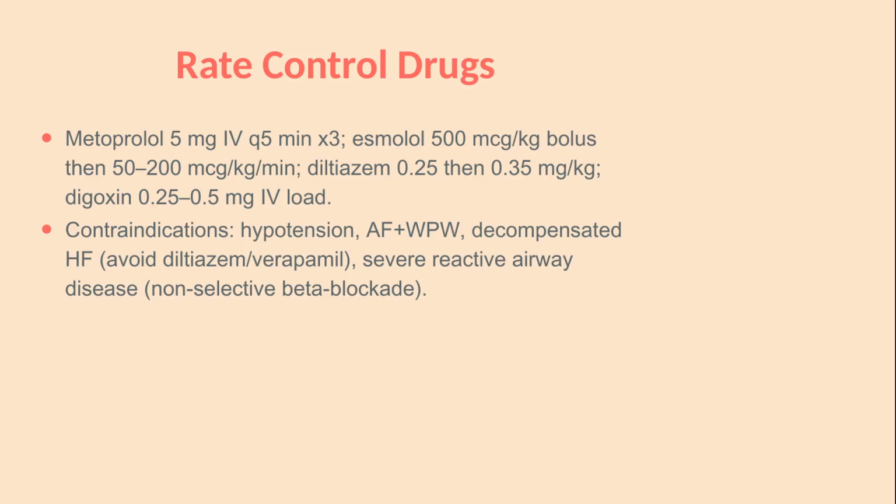Diltiazem, 0.25 milligrams per kilogram IV over 2 minutes, then an infusion, reliable for atrial fibrillation and flutter, but a poor choice in decompensated systolic heart failure, where its negative inotropy can tip the patient over.